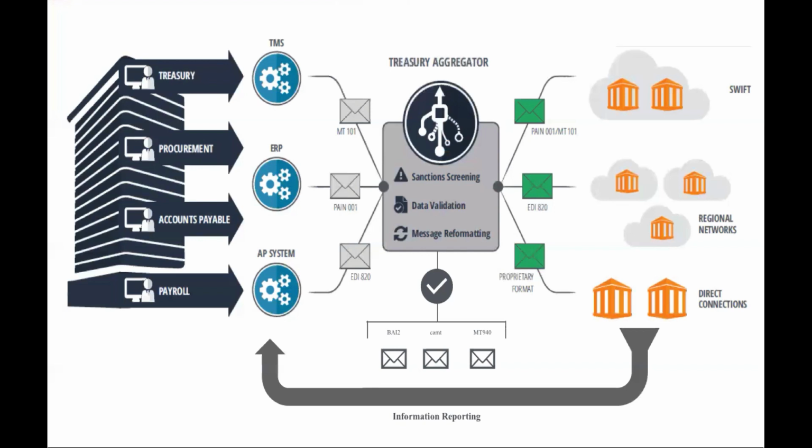It depends on what you have on the left side, but that's just one level. 10 or more banks on information reporting, and 2 or more back-end systems, whether it's reconciliation, AP, treasury. That's where you really start to need to look at maybe the higher end on the continuum capabilities of a treasury aggregator.